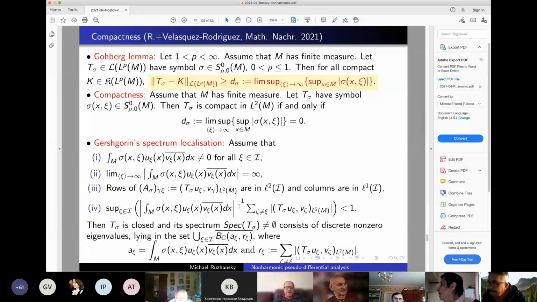It says that if some conditions are satisfied on the operator, on the symbol, then in terms of these conditions we can tell that the spectrum consists of a union of balls with some centers and radii, and we can find the centers of these balls and the radii in terms of the operator and its symbol. So basically this is the usual Gershgorin theory, and now we have a version of this for this calculus, so it's a nice extension.